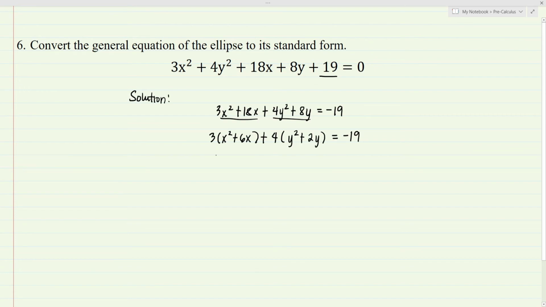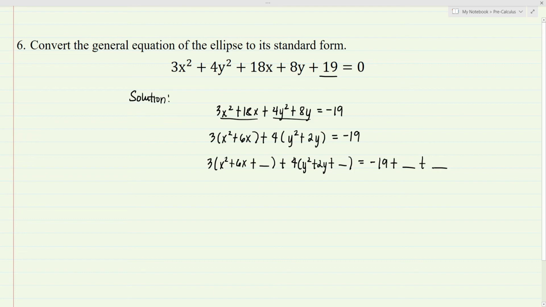Next step, perform completing the square by adding a constant to the two quadratic equations. So I'll have here 3 multiplied by x squared plus 6x plus the constant plus 4 times y squared plus 2y plus the constant. Then, as for the right side of the equation, we need to add the two constants.